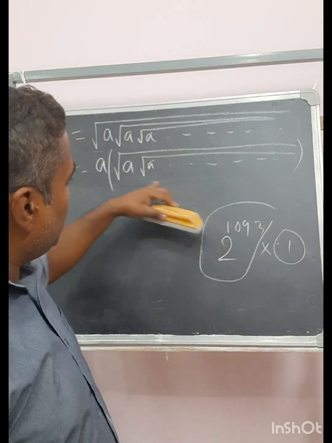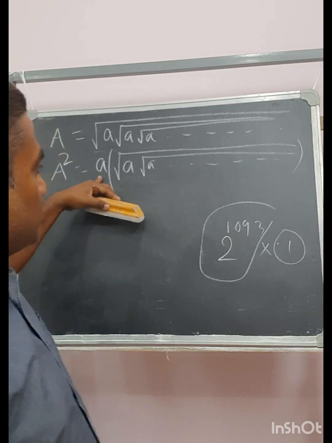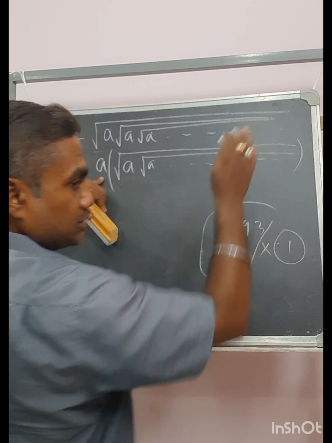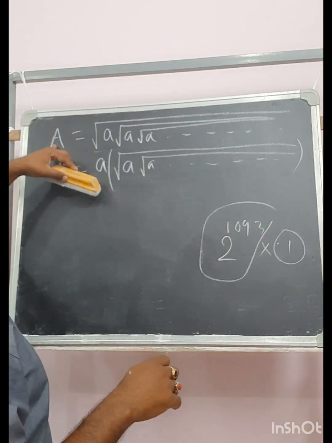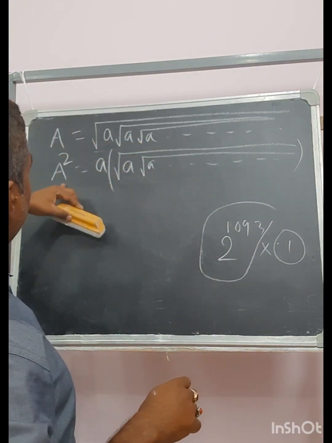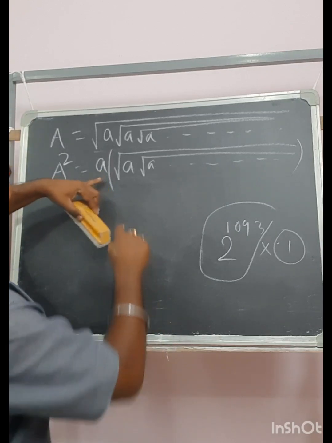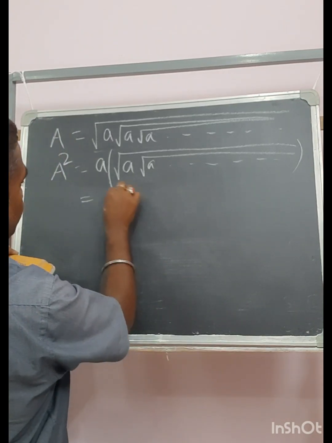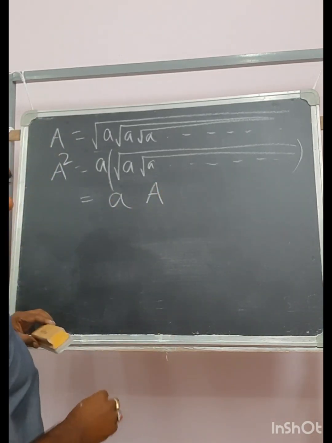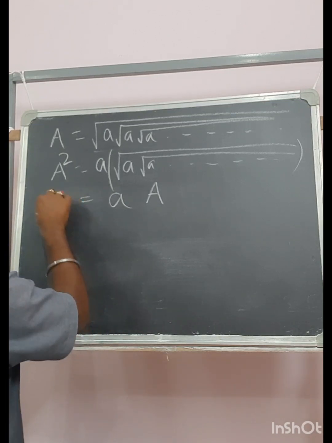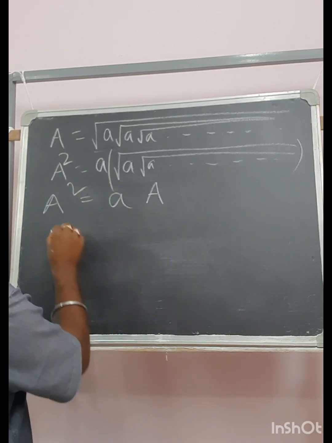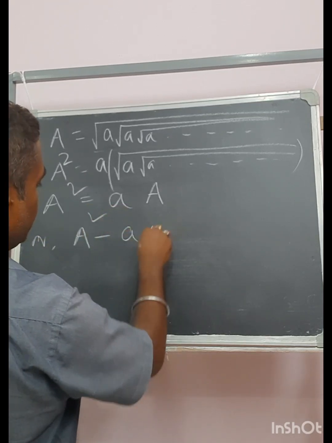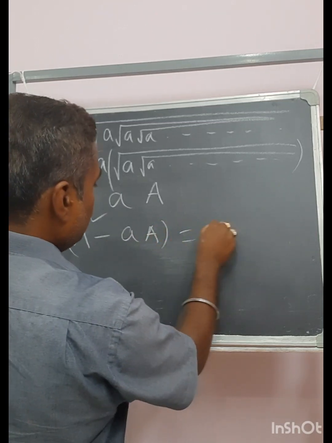So any infinite series multiplied with some number will give almost the same result as the original one. If I assume that it is A, and I do a square, it will remove a outside, but the rest I can say is the same as A. So A square is equal to a into A. Bringing all terms to one side, A square minus a into A is equal to 0.